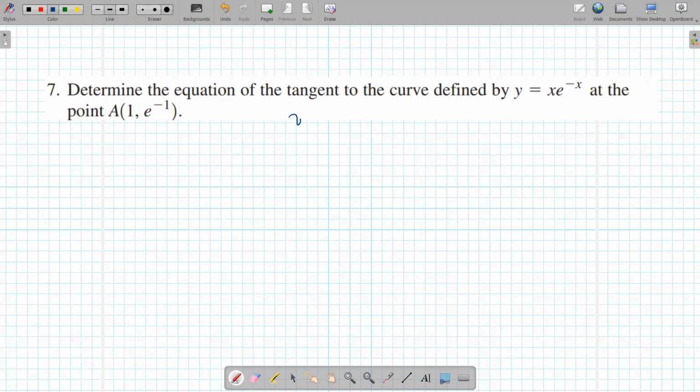We're going to find y prime. This is x, so this is f, that's g. What would be y prime? Remember, it's a product rule because you have two different functions multiplying.